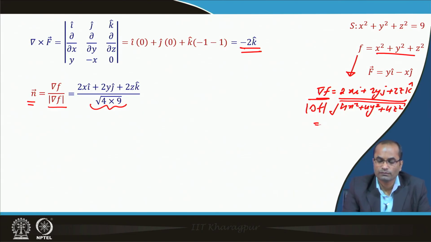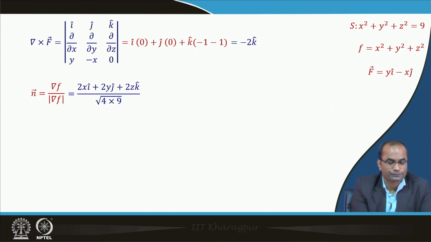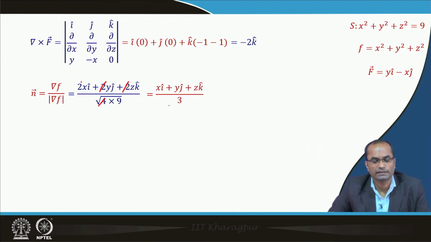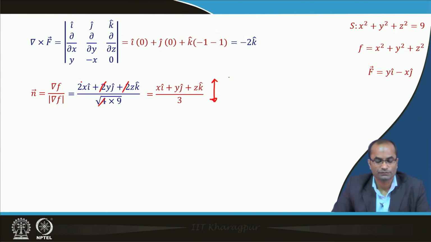So, this 2 will come out, and then we have x square plus y square plus z square in the denominator, and then we have the numerator there. So, this x square plus y square plus z square on the surface, that value is given as 9. So, therefore, we have this 4 into 9. So, this 4 will get cancelled with this 2 there, and then we have (x i plus y j plus z k) by 3.